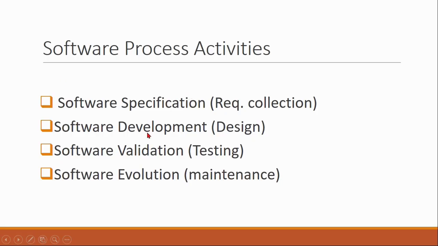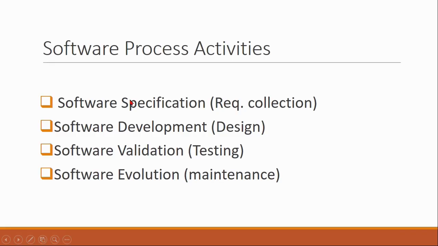Then we have software development, or we can call it design. In the design phase we have modeling and implementation. Then next we have software validation. In software validation or testing we have integration of modules and multiple testing on our developed software. Then next we have software evaluation, which is nothing but maintenance.